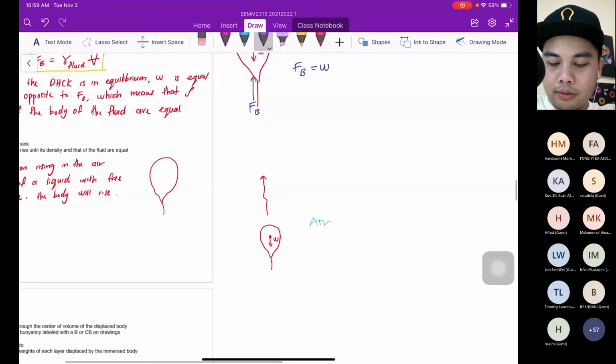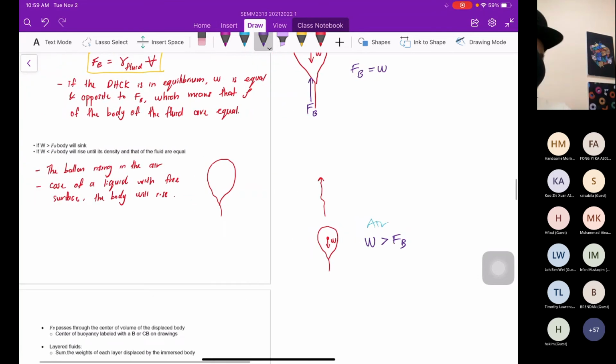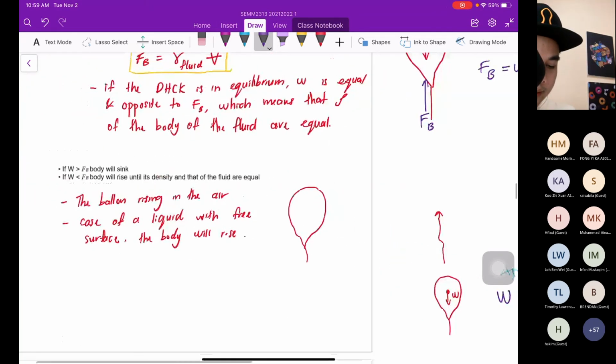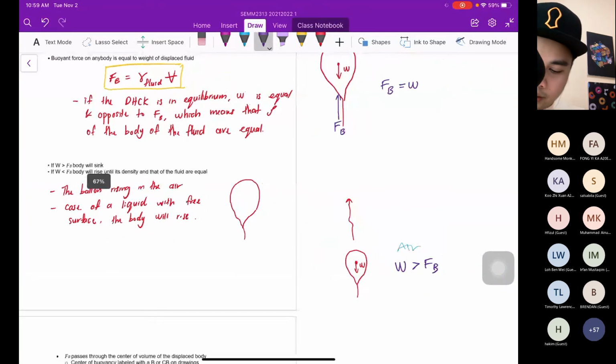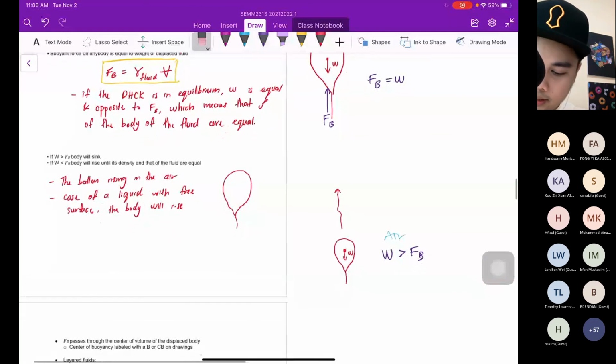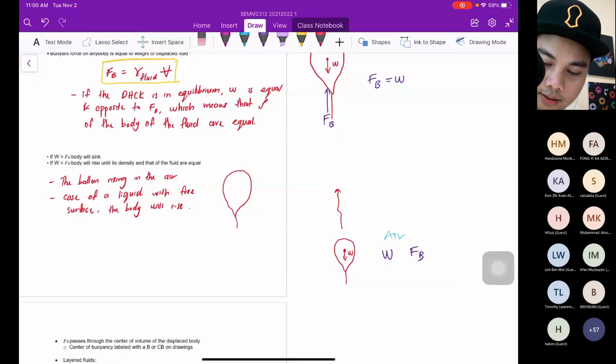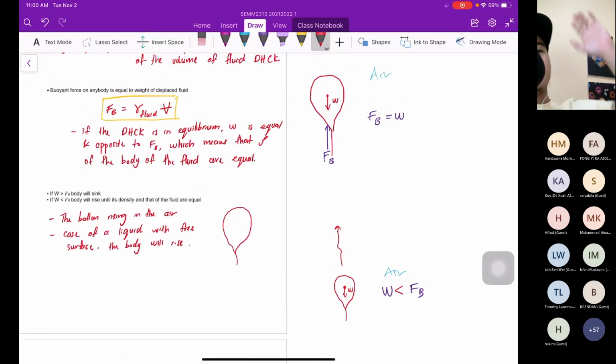For this one, the balloon keeps rising because the weight is less than the buoyancy. That is why the buoyancy keeps pushing upward.